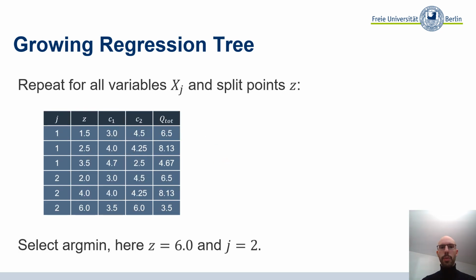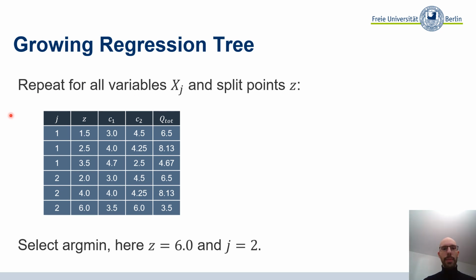And what we just did, we repeat for all possible split variables xj and split points c. And when we do that, we end up with a table which gives us the prediction constants C1 and C2 and Q total, so the losses for all those possible splits.